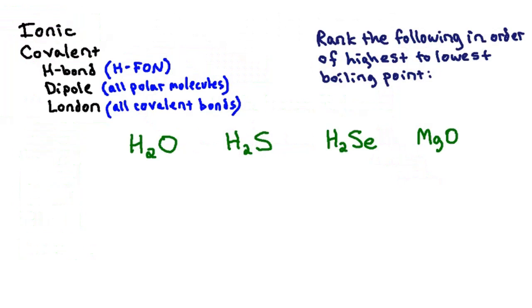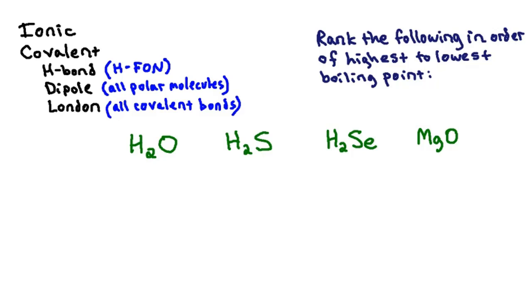Okay, so continuing on with that, now we have several molecules that have all different types of bonds, all different types of molecular forces, and let's rank these in order of highest to lowest boiling point.